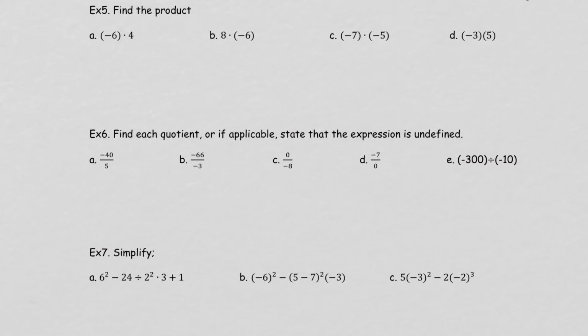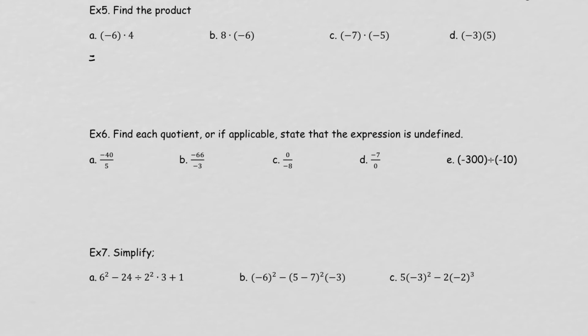What about multiplication and division? Just remember when you're multiplying an even number of negatives, your answer becomes positive. With an odd number of negatives that you're multiplying or dividing, your solution becomes negative. So that's the same rule in multiplication and division.